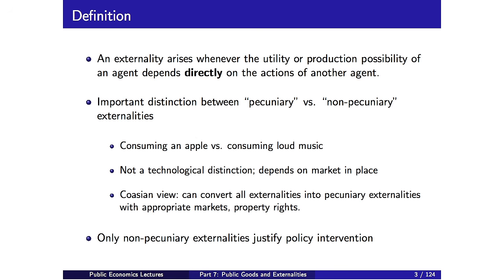You might think, well, if I buy more apples, that might reduce your utility, because while buying apples, I drive up the market price when the demand curve shifts outward, which makes you worse off because you have to pay more for apples. That is not what we're talking about here. That is part of the market mechanism that's priced, and there is no rationale for government intervention through that type of external effect. What we're talking about is something like listening to loud music, where it directly impacts the other person.